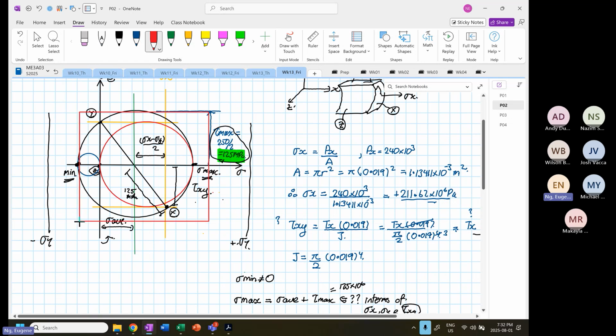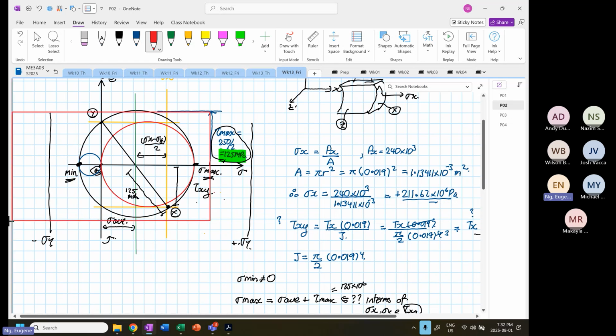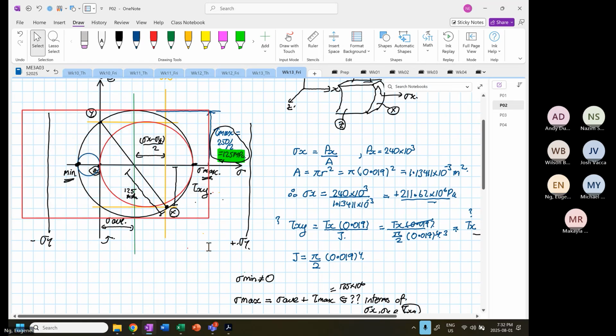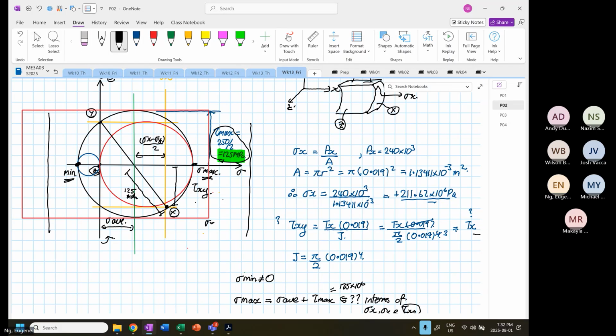It's just a sketch. I want to ensure that the box is inside this frame. So this is our stress yield line. This is your minus stress yield line.